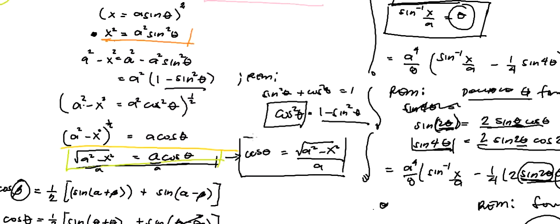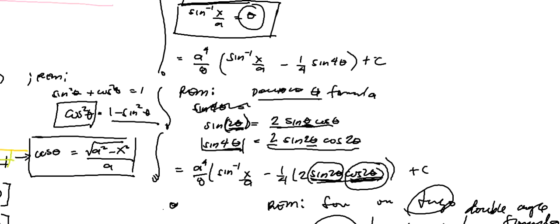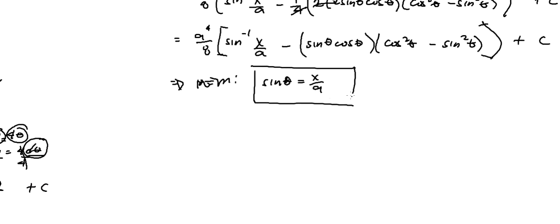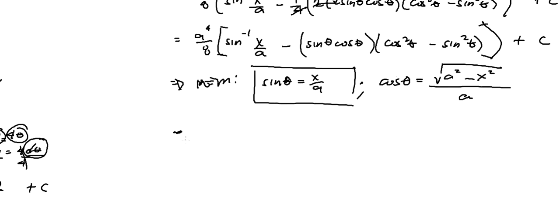So this is our cosine theta. So from here we can now substitute the value of our sine and cosine theta.